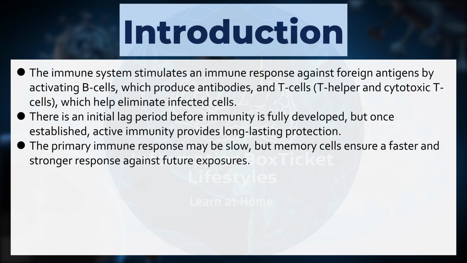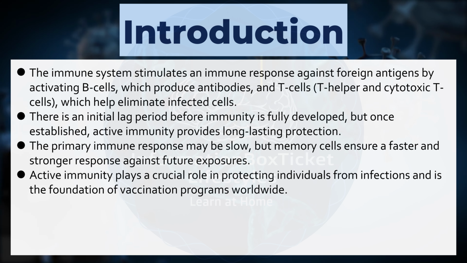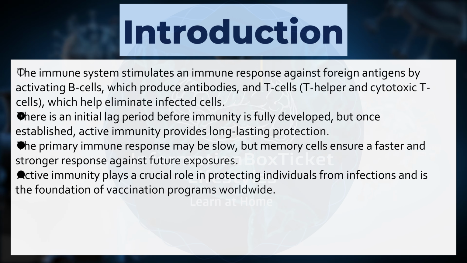The primary immune response may be slow, but memory cells ensure a faster and stronger response against future exposures. Active immunity plays a crucial role in protecting individuals from infections and is the foundation of vaccination programs worldwide.